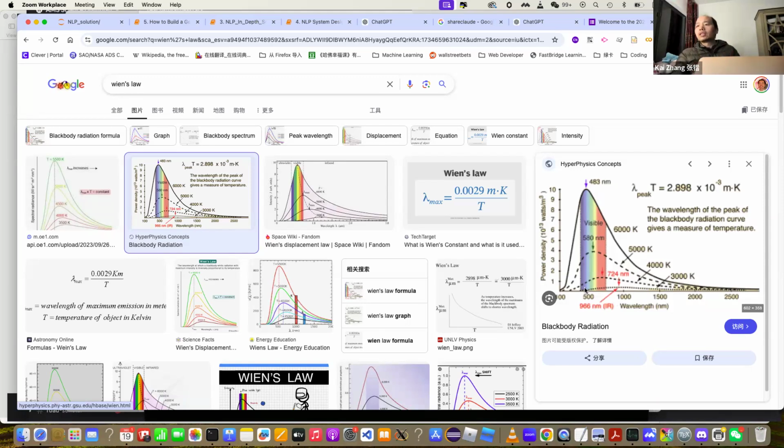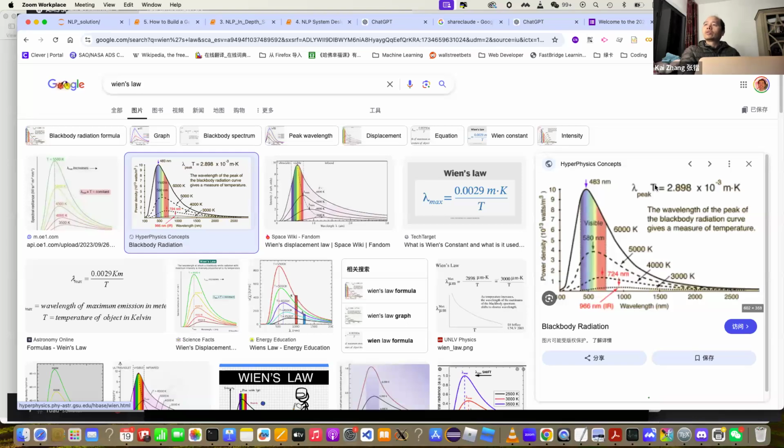So it is a longer wavelength, which means it is redder. When your temperature is very high, you have a bluer color, and when the temperature is very low, you have a redder color. That is what Wien's law tells you.